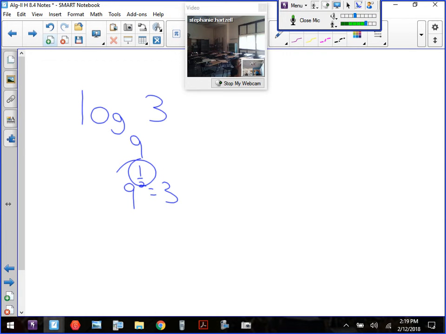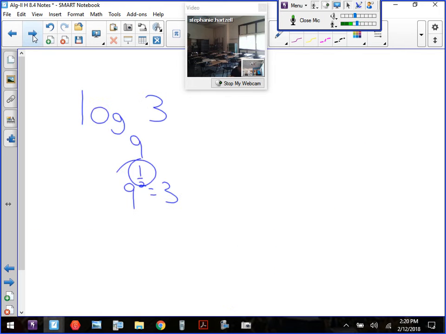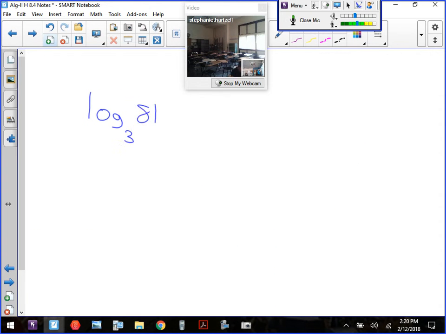Now, one of the other things that's going on here, guys, is that in order to be simplifying these things through, you're actually using some other properties. For example, if we go back and I look at the log base 3 of 81, you guys told me that this was equal to 4, correct?